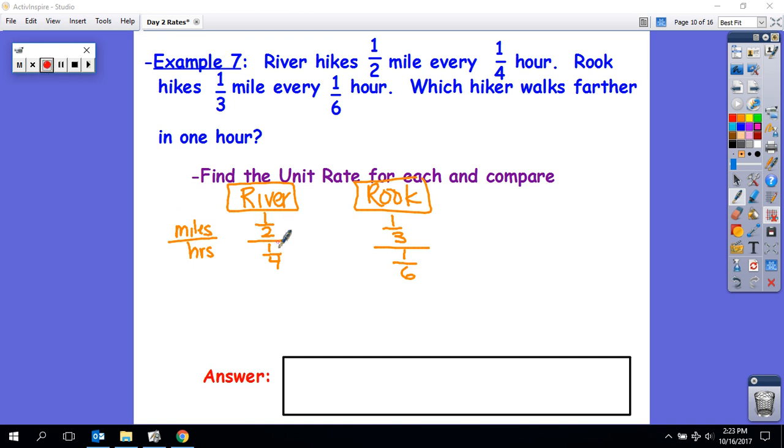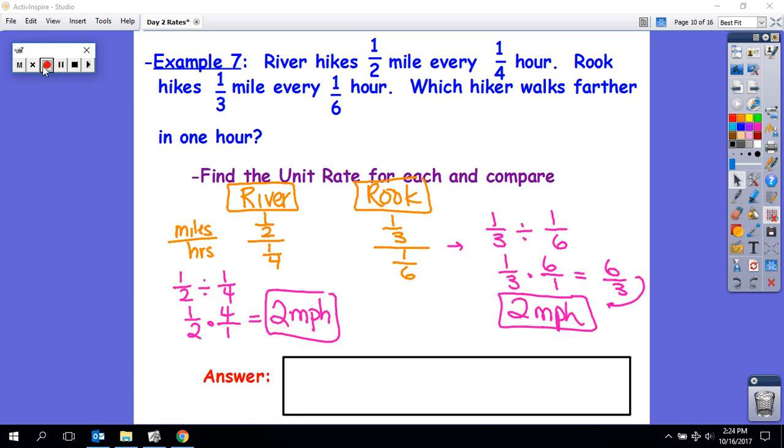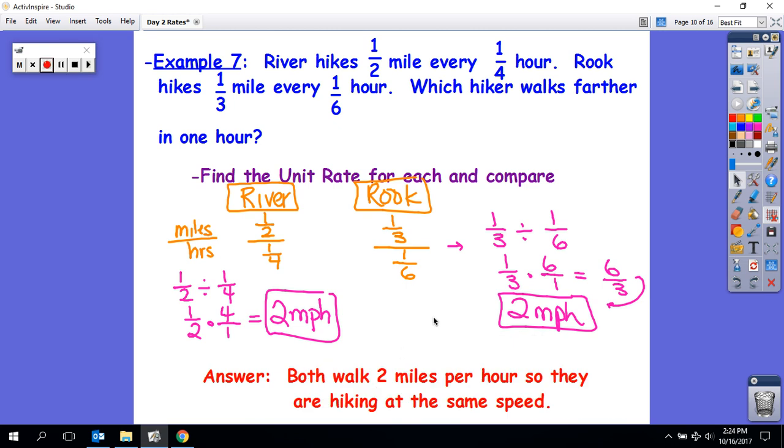You'll need to solve each one by doing keep, change, flip. So if you notice, when you solve the complex fractions for each one, you get that they both have the same exact unit rate. So they actually both walk 2 miles per hour. So they're hiking at the same speed.